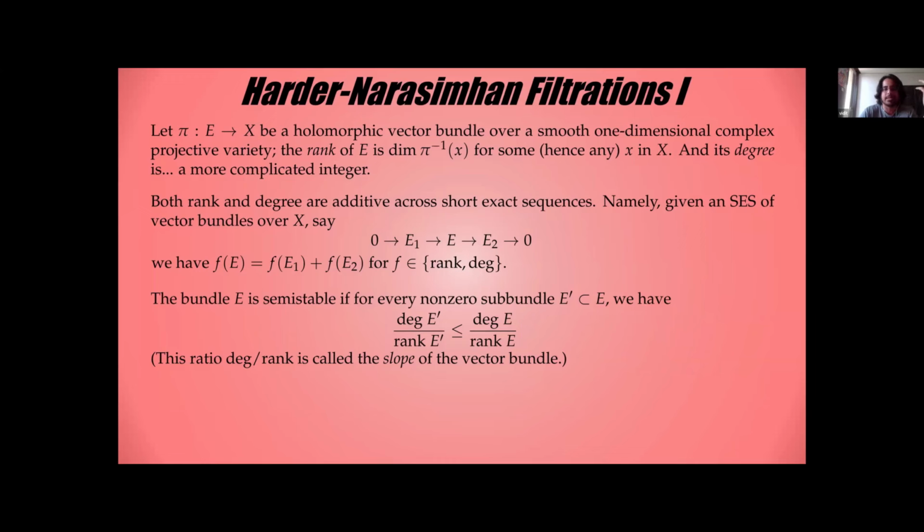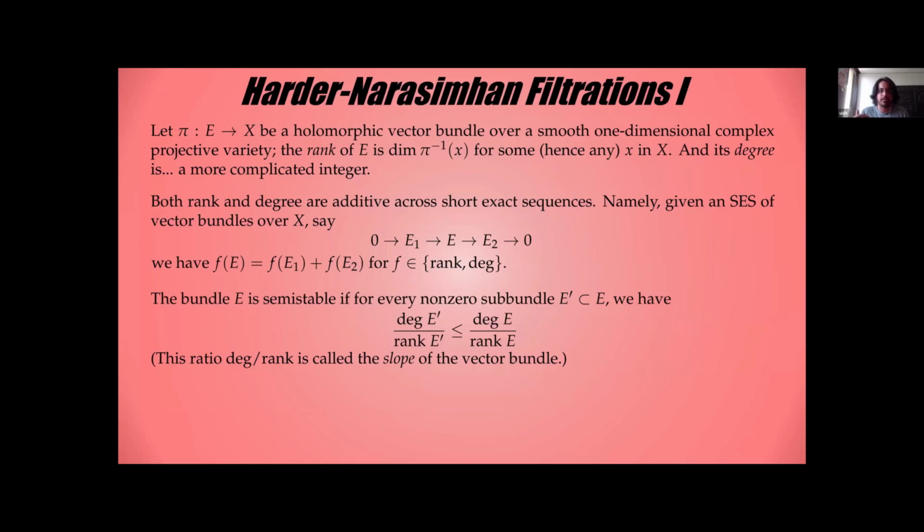So E prime has a degree that is not necessarily smaller than the degree of E. You can have a subvariety of a big variety whose degree is larger. So it's not true that the degree is sort of increasing with filtration. It is true that the rank is increasing with filtration. But when you look at this numerator over the denominator, the question is, did the degree increase enough to keep up with the rank or not?